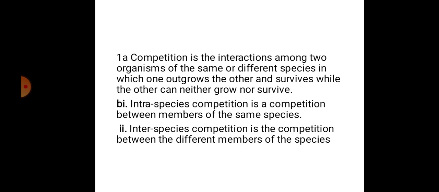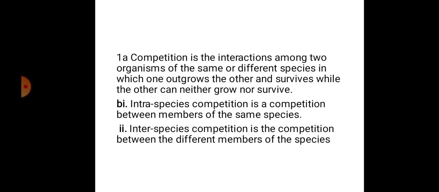Example can be chick and fowl. Chick and fowl, they are the same member, but one is bigger than the other. It can be maybe like grass, elephant grass and guinea grass.